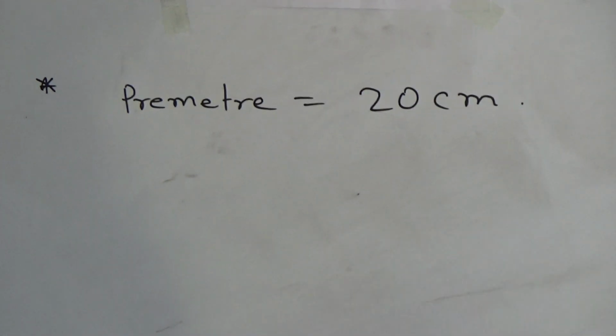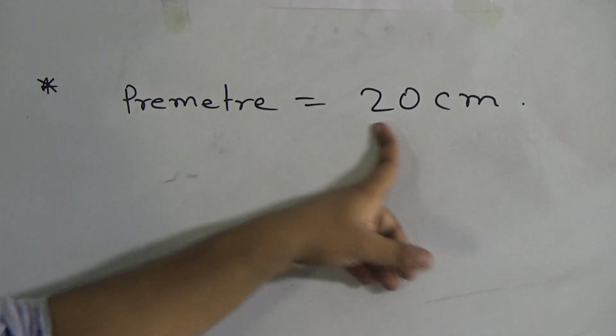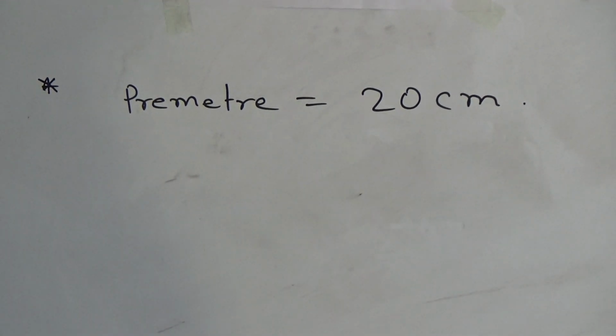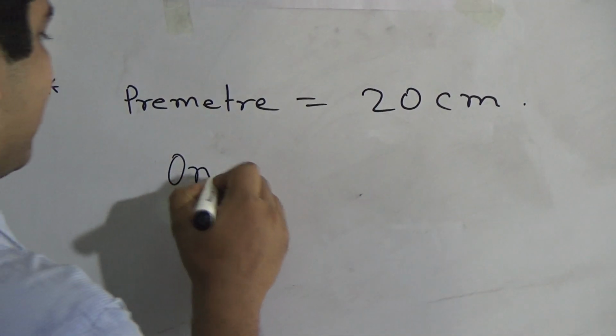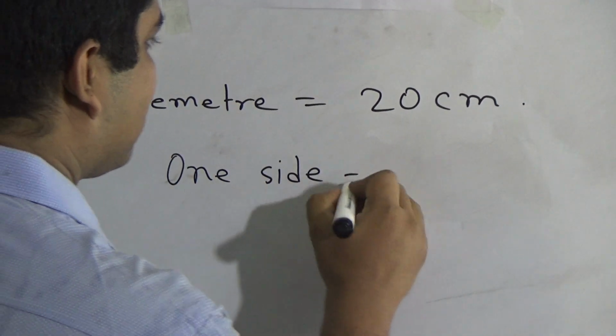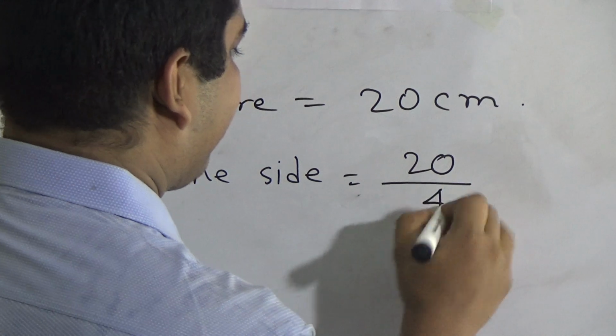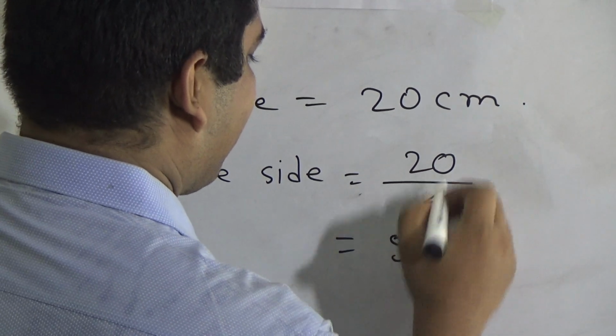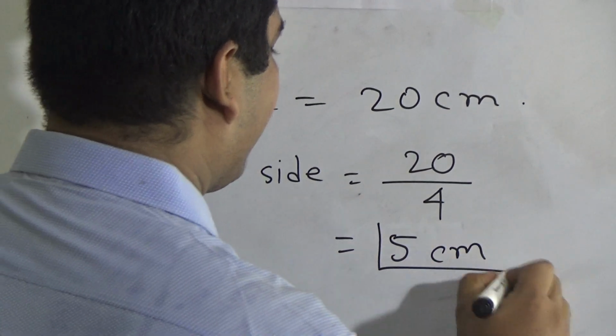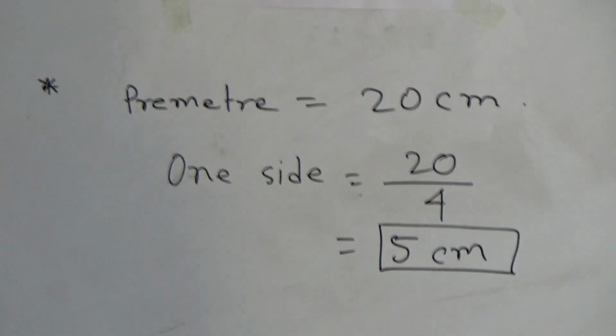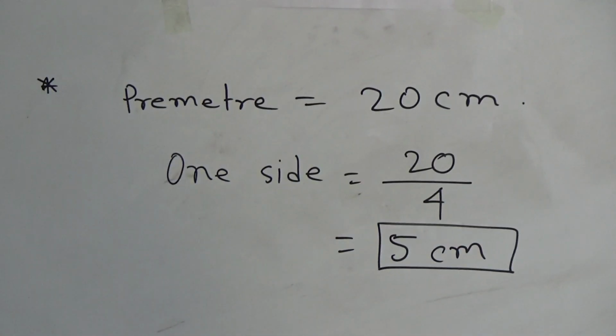So how can we find out the length of one side? We divide this 20 centimeters by 4 and we get one side. So one side equals 20 divided by 4, and we get 5 centimeters. So we need to draw such a square whose one side is 5 centimeters.